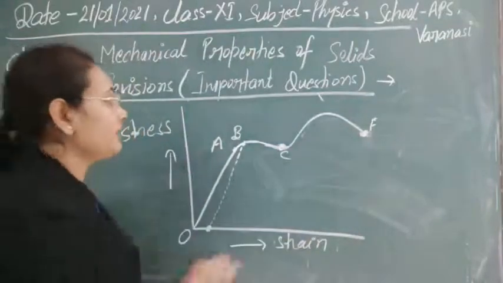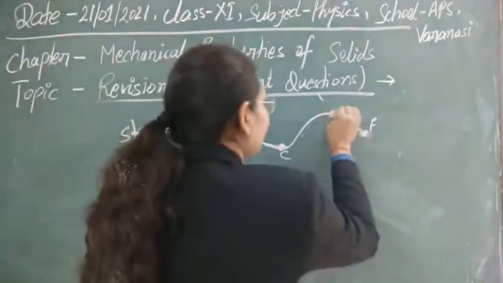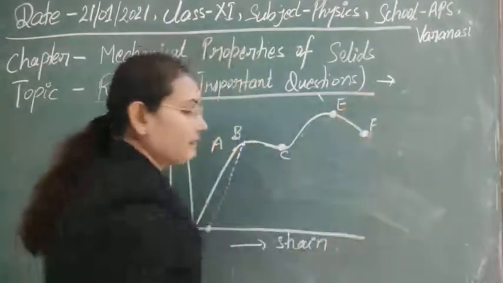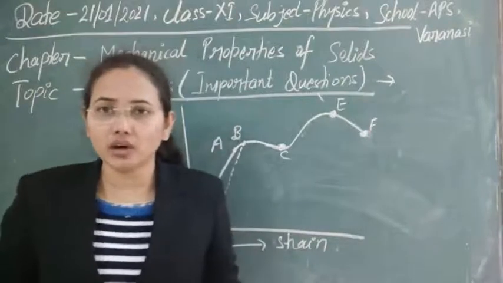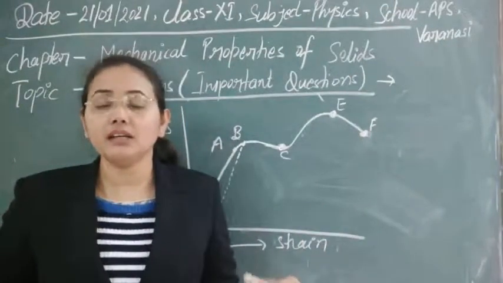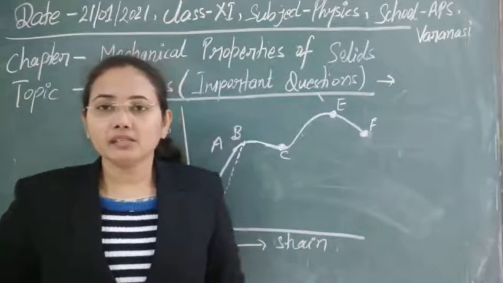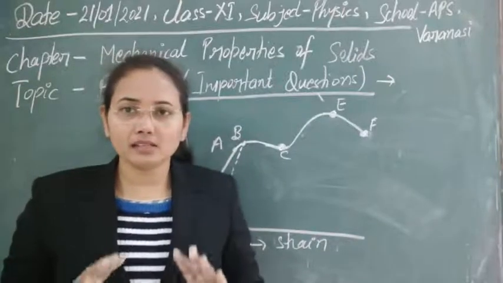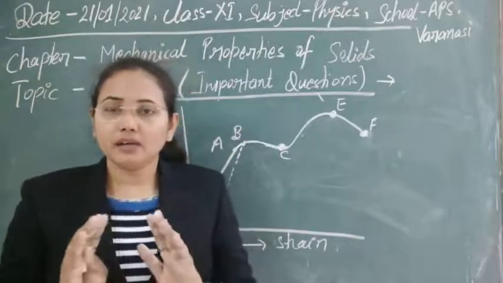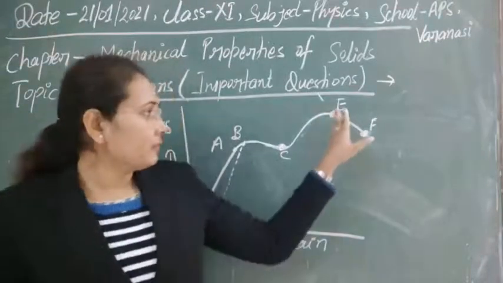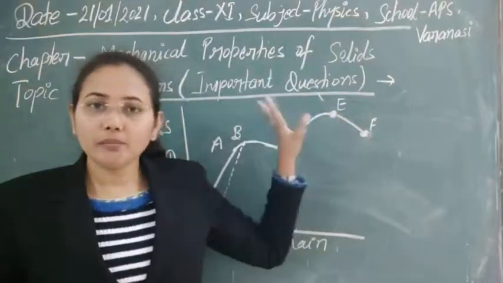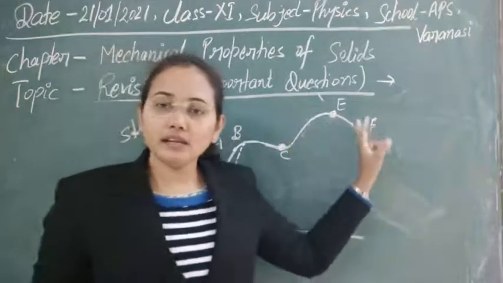There is one point up to which the body can maintain its configuration. You can see that even though it is distorted and has plastic nature, it is still not broken. The body has its shape, it is deformed, but it is not broken. Up to that point is known as the yielding point.